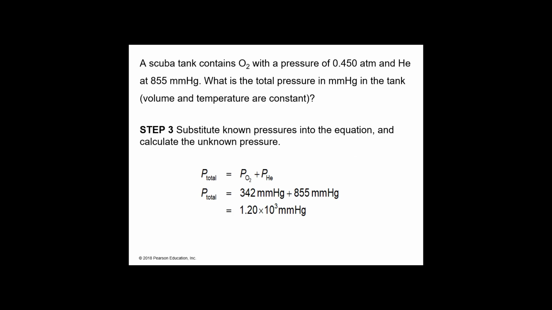So we have to use a conversion. In this one, we use the conversion of 1 atm is equal to 760 millimeters mercury. Plug that in. So we start with our 0.50 atm, set up the conversion, and we end up with 380 millimeters mercury. We then can now add these together, and the total pressure for the system is 1.20 times 10 to the third millimeters mercury.